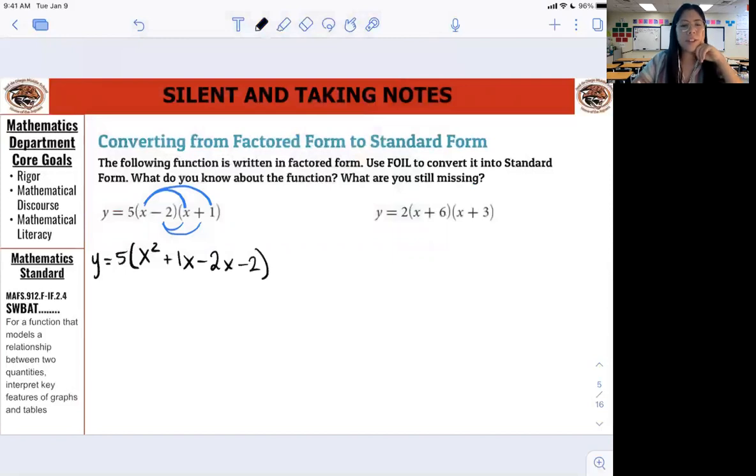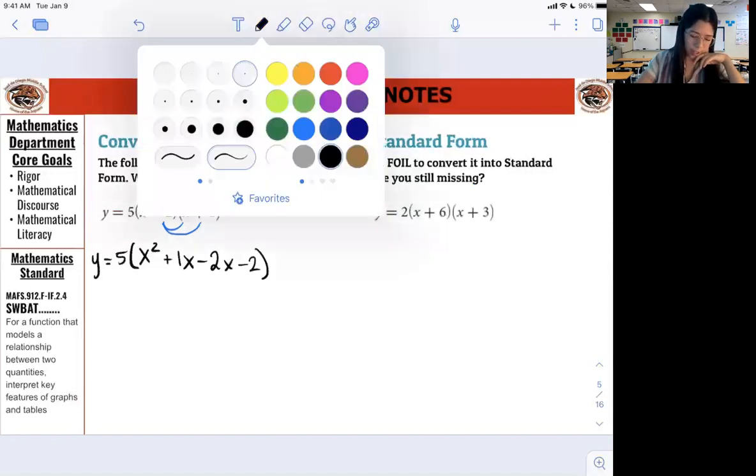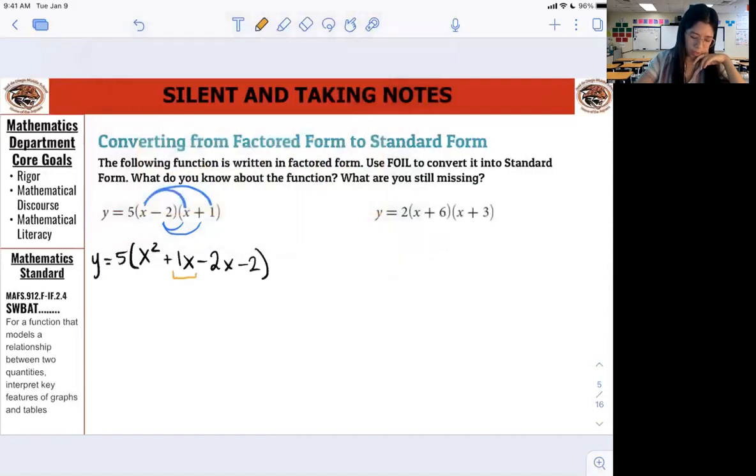So here's what I get when I FOIL. What do you guys think? What should I do next? Add like terms. You got it. We're going to combine like terms real quick. 1 minus 2, what do I get? Careful, 1 minus 2, negative 1. Negative 1x.